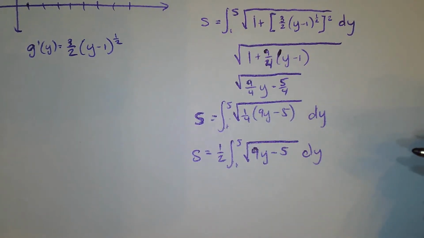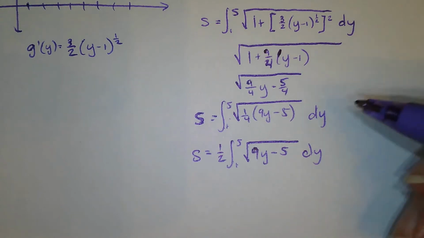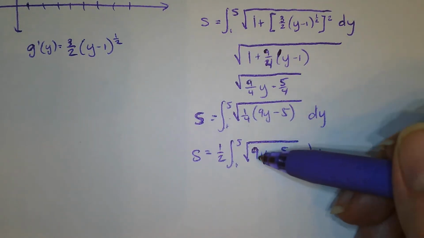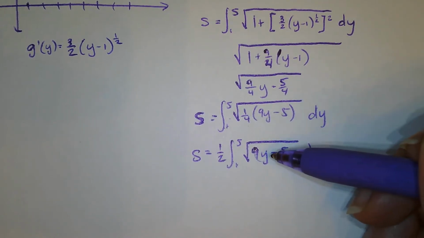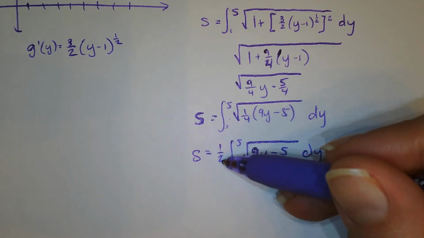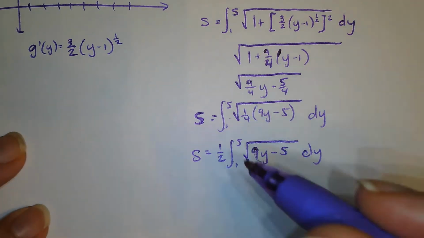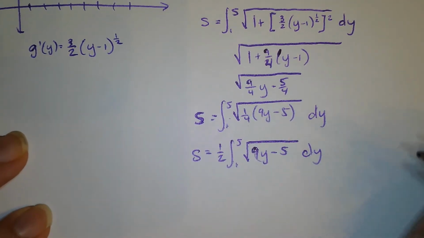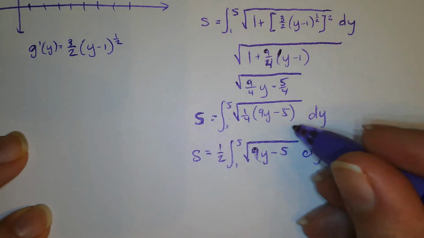All right. So you're going to have to do a u substitution here. The derivative of 9y is, of course, 9. And so we're going to have to balance that out with a 1/9 out front, if you remember all of that. The 1/2 power will go to 3/2.